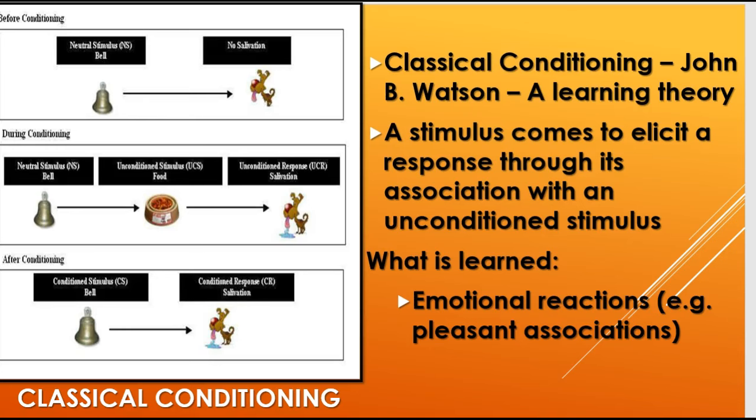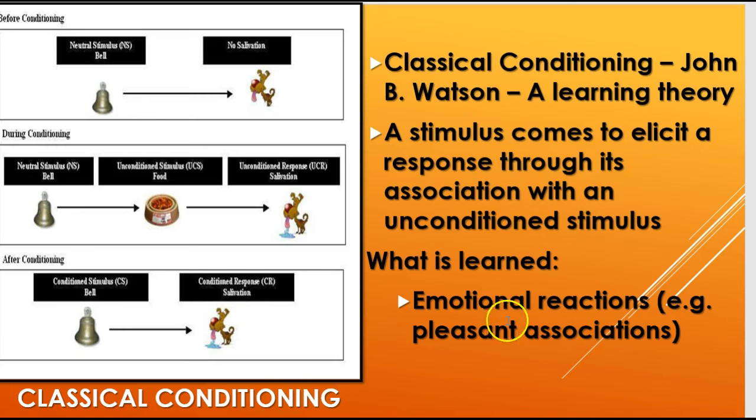Now, we want to switch and talk about another theory, which is a learning theory, classical conditioning, which was coined by John B. Watson. It is a learning theory, which means that a stimulus comes to elicit a response through its association with an unconditioned stimulus.